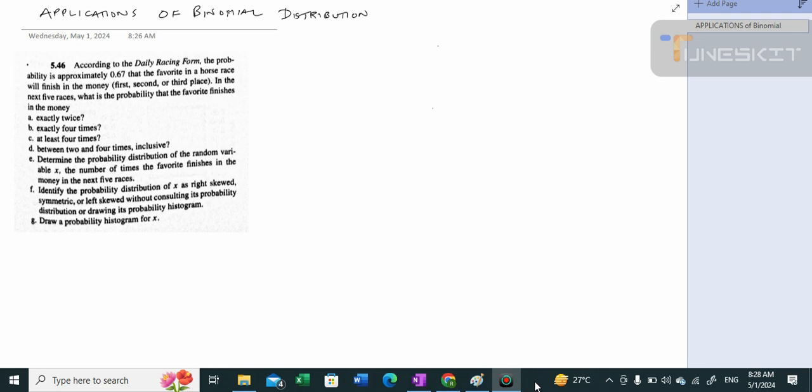So over here we can identify that we are given n value as 5, whereas p is given as 0.67. So what we do, we list all possible values of x.